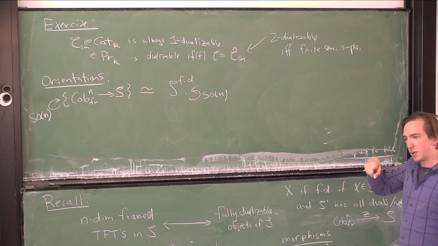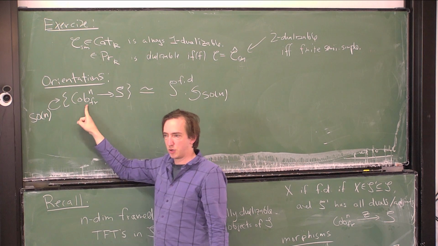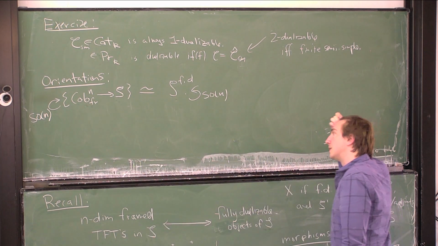But there's a subtlety, which is that we're doing homotopy theory. So the notion of an SO(n) action is slightly more subtle than you might first expect.